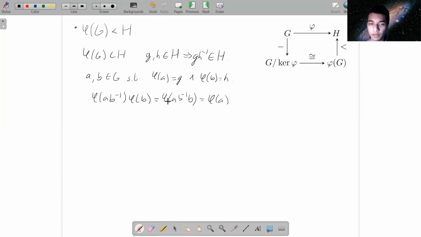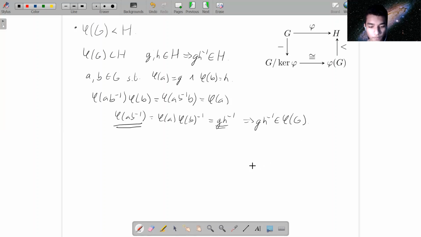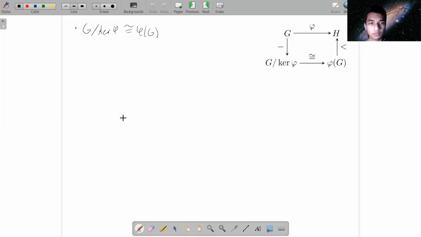Then multiplying by the inverse of phi of b on the right, phi of a b inverse equals phi of a, phi of b inverse, which by our above mentioned equalities is g h inverse. Thus we find that phi of a b inverse equals g h inverse, so g h inverse is in phi of G as well. Voila.